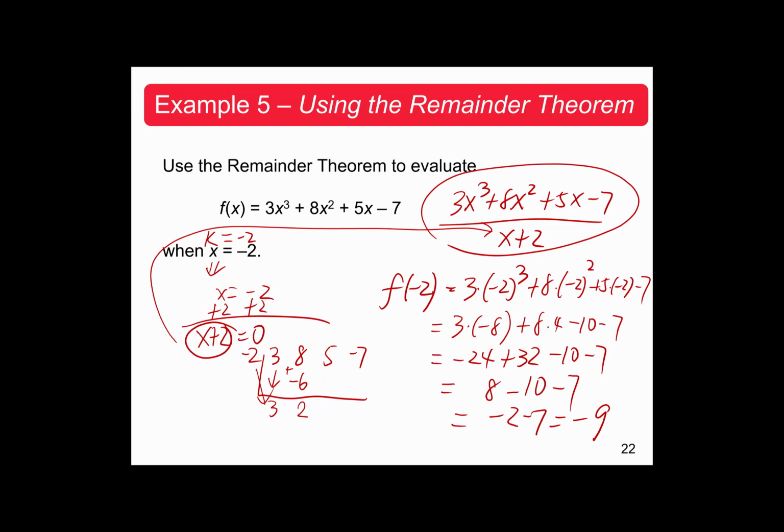Again, multiply diagonally, you get minus 4. Adding them, you get positive 1. Negative 2 times positive 1 is negative 2. When you combine them, you get negative 9. As you can see, this is the remainder. The remainder should be negative 9. So according to the remainder theorem, you also get the same result, right? So that's how you utilize the remainder theorem to get a remainder fairly quickly.